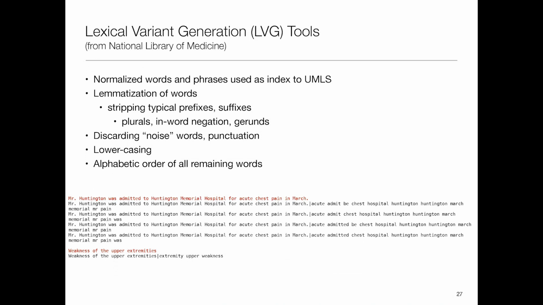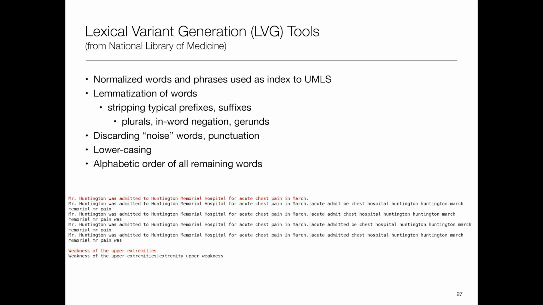There are also some tools that deal with the typical linguistic problems, like if I want to say bleeds or bleed or bleeding, those are really all the same concept. So there's a lexical variant generator that helps us normalize that.